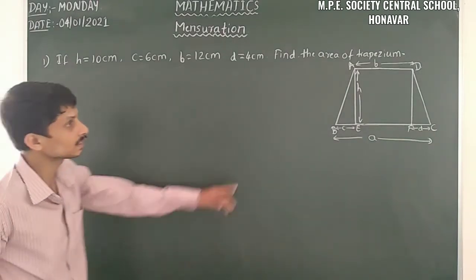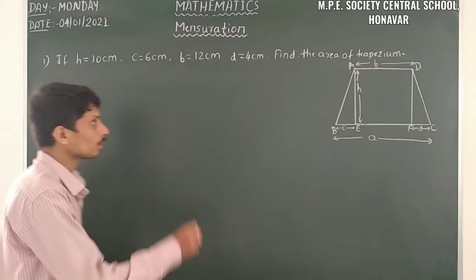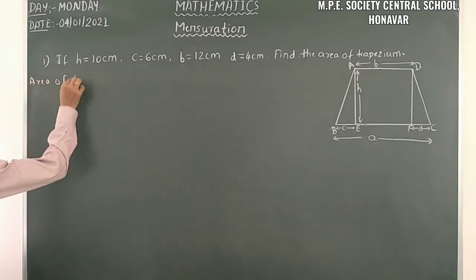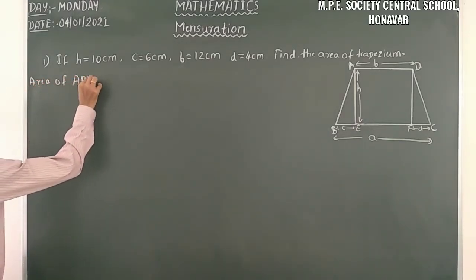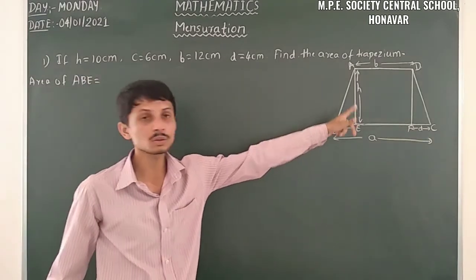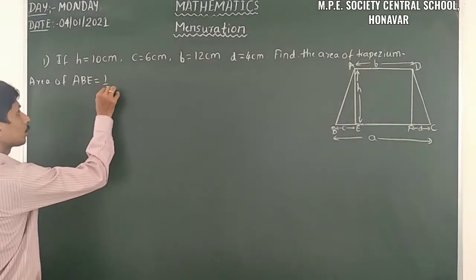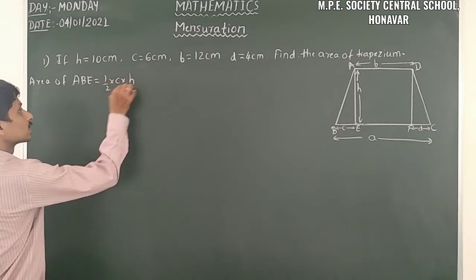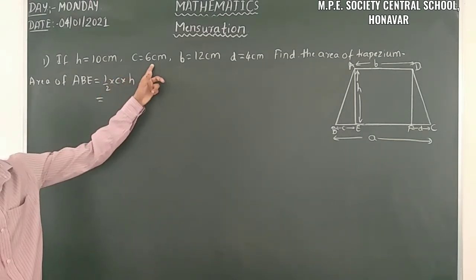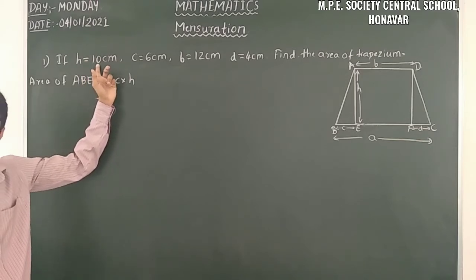Firstly I will consider triangle ABE, area of ABE, which is equal to half into base into height, that is half into C into H. The value of C is given, the value of H is given: C is equal to 6 centimeter and H is equal to 10 centimeter.